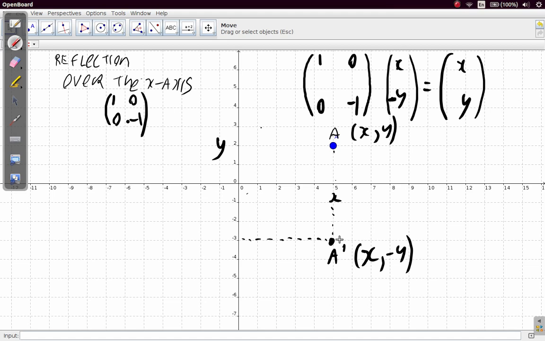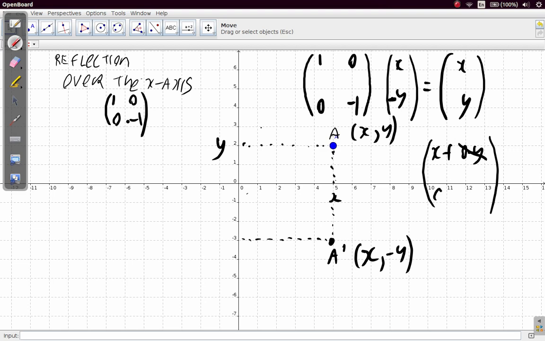This x, negative y would be reflected over the x-axis to become x, positive y. Now let's multiply the matrices. 1 by x. So what you get here is 1 by x would be x plus 0 by y, 0 by negative y. Alright, so this part will be gone and you have x at the top.